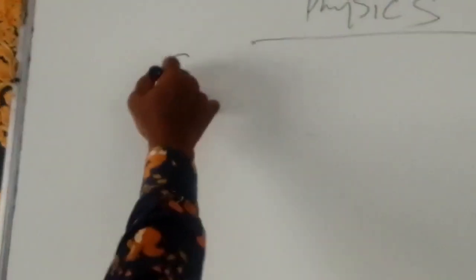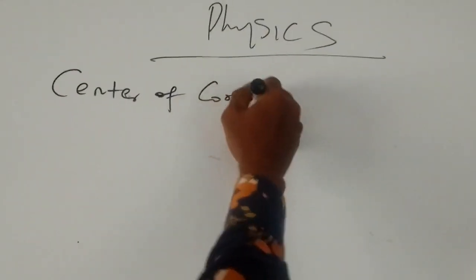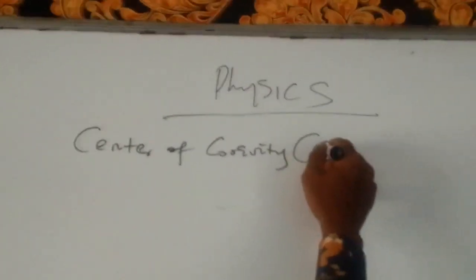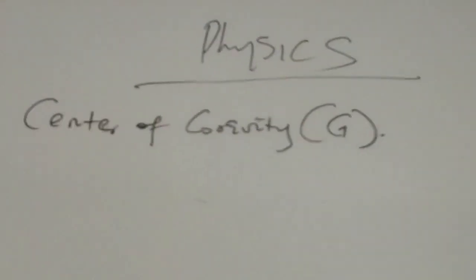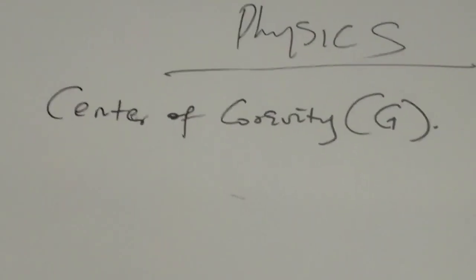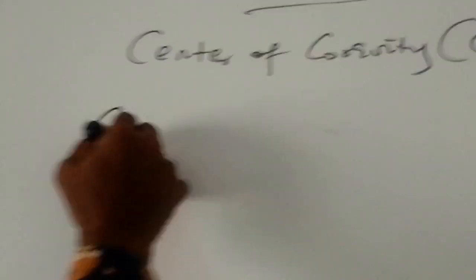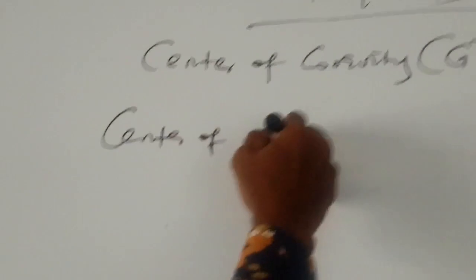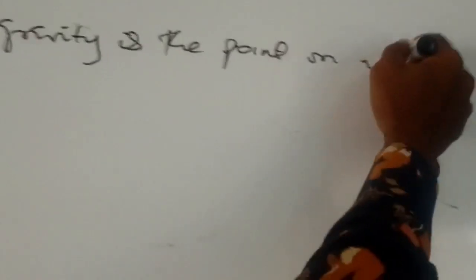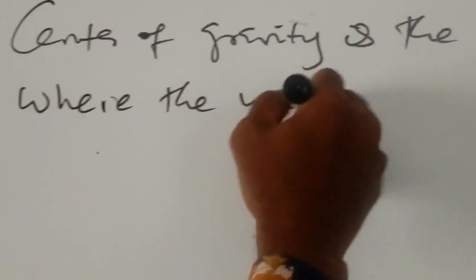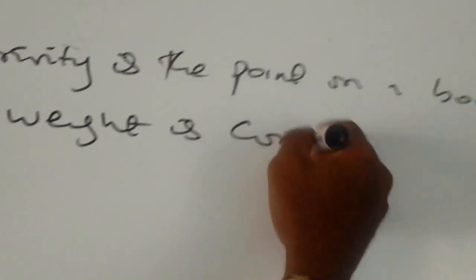So next, we're going to look at what is meant by the center of gravity, C of G, or what we call G. In mechanics, the center of gravity is the point on a body where the weight is concentrated.